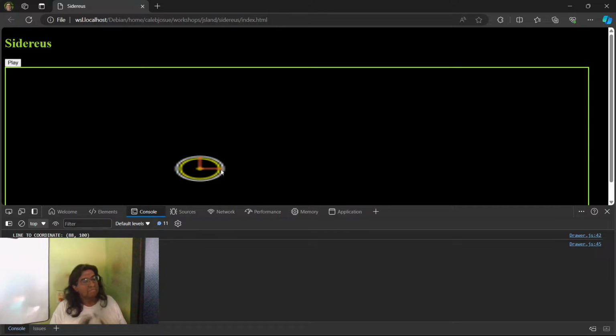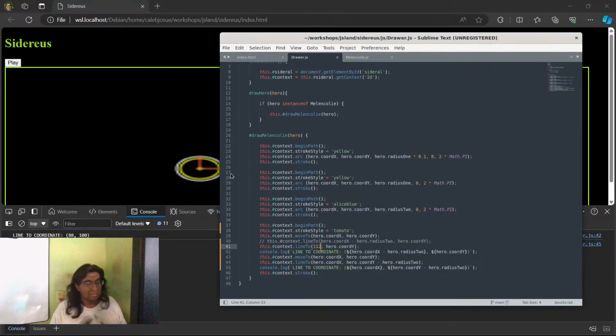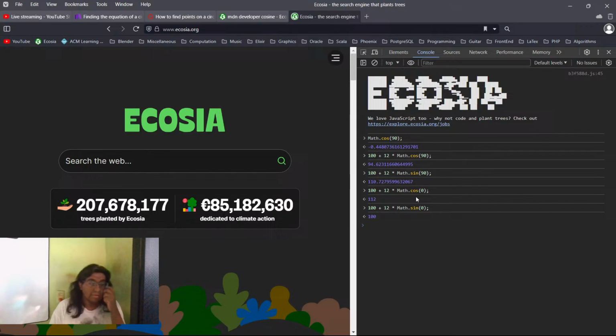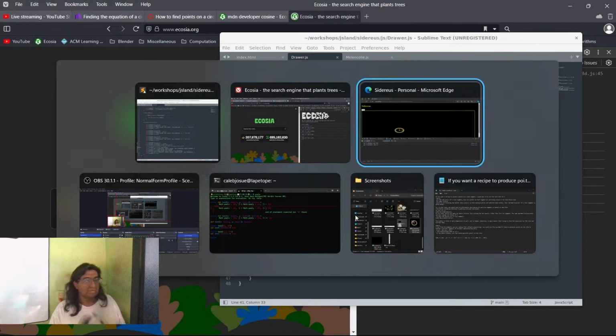Okay, this is 0, right? The one we just put, angle 0. Where is it? Okay, here. Cosine of 0 and sine of 0, we get this, which is here.